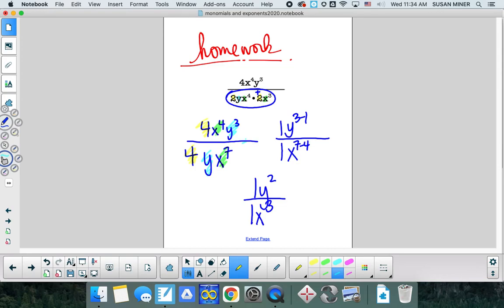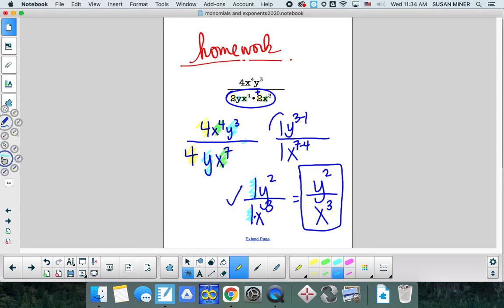I can actually simplify this even more because I don't really need to write the ones in there, right? I could take the ones out, because 1 times y squared is just y squared, and 1 times x to the third is just x to the third. Okay, so there's my most simplified fraction. I would not mark that wrong on a test.